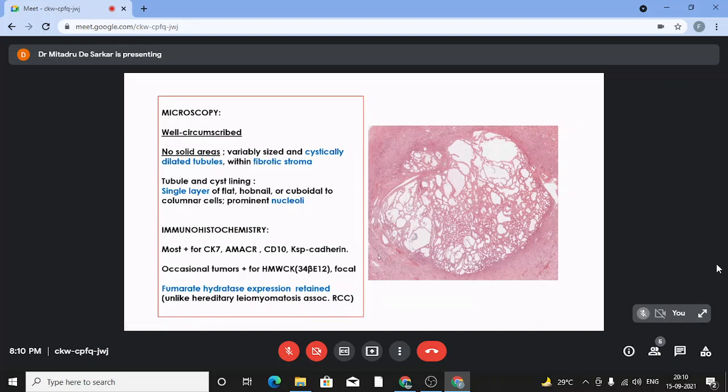So maybe if you are considering IHC and if you have access to it, you might consider doing fumarate hydratase IHC. So the lining is a single layer of flat to hobnail cuboidal cells with prominent nucleoli, and there should not be any solid pattern whatsoever.